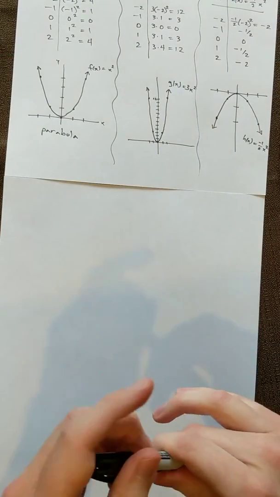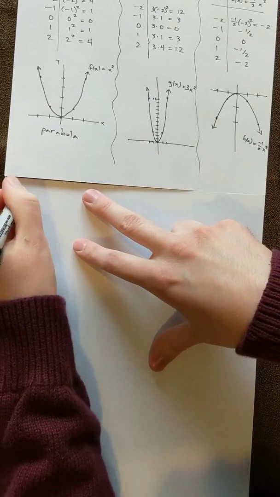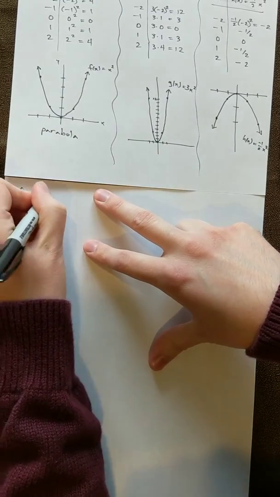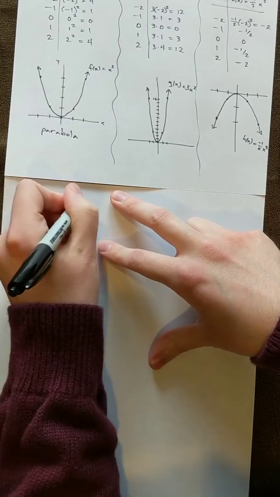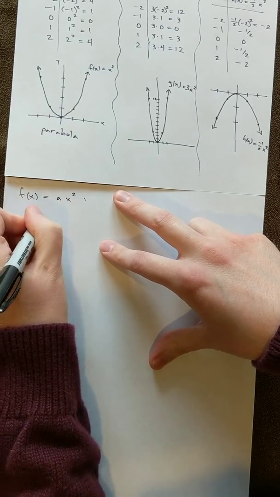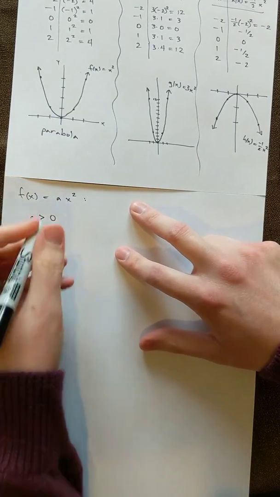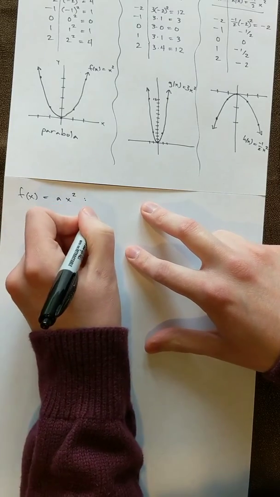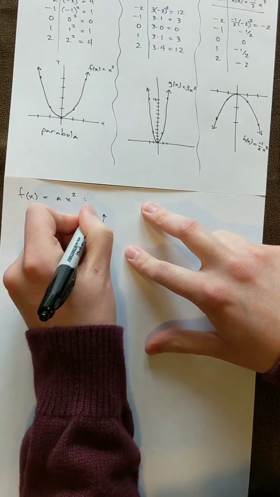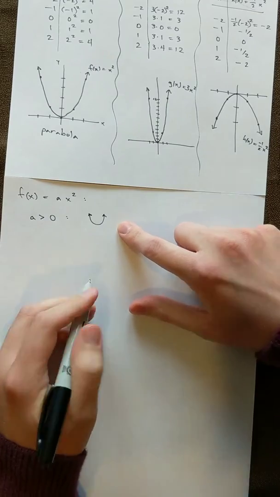Okay, so for a simple function like f of x equals a number times x squared, if a is a positive number, then it seems like the shape we're getting is a parabola that opens upwards.